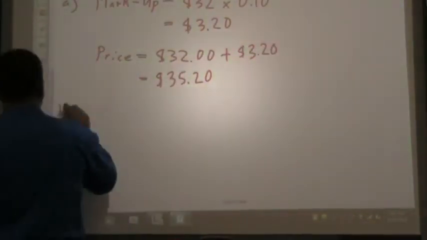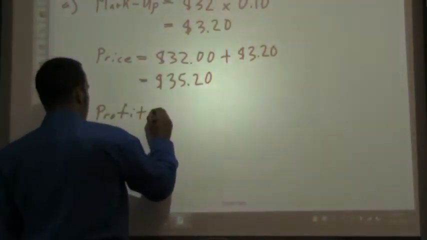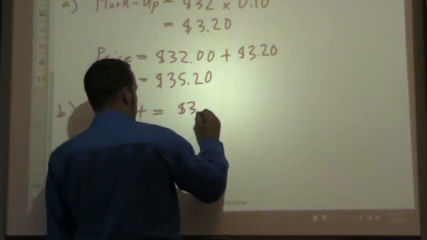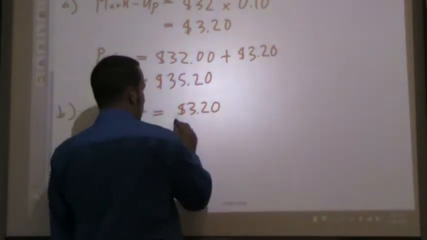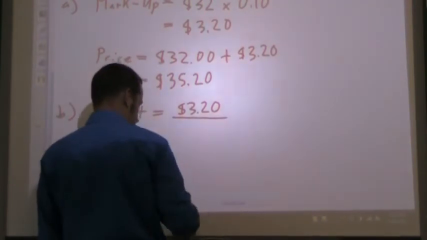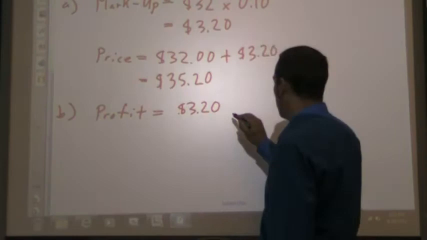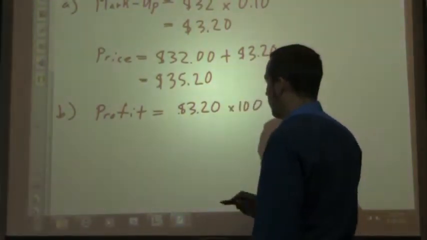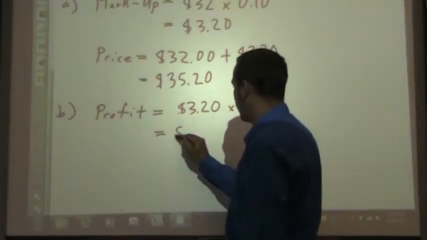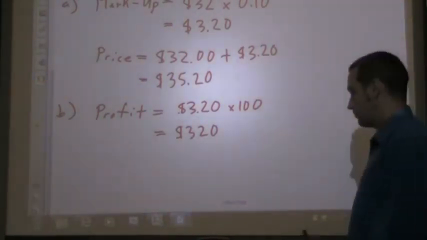So for part B, I'm saying, okay, well then, if I'm going to make $3.20 for every stick, right, that's per stick, and I'm going to sell 100 sticks, then I just need to multiply that by 100. You get a total profit of $320 for selling 100 sticks.